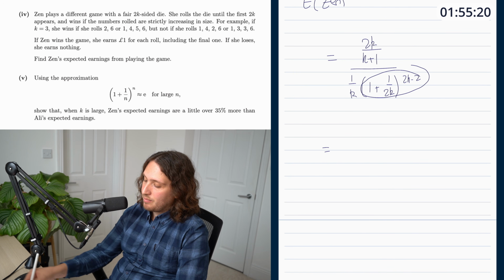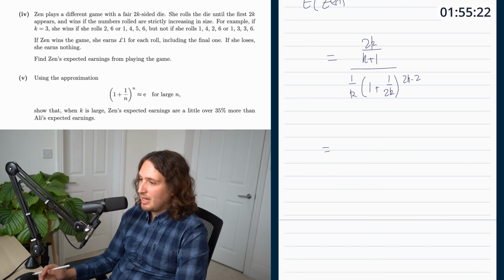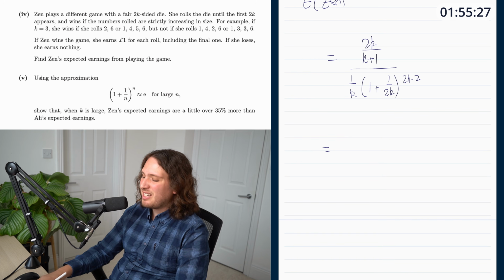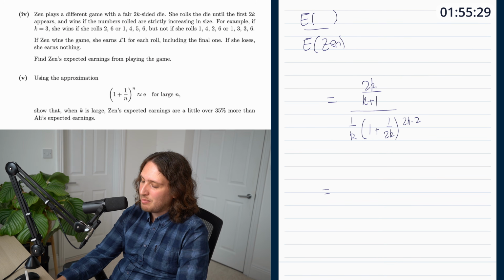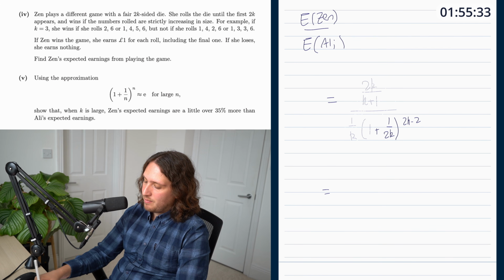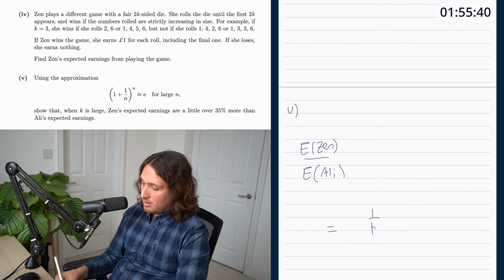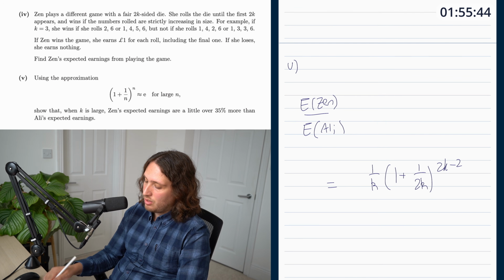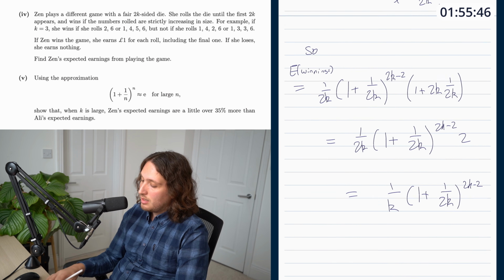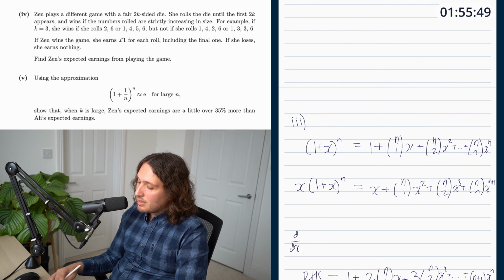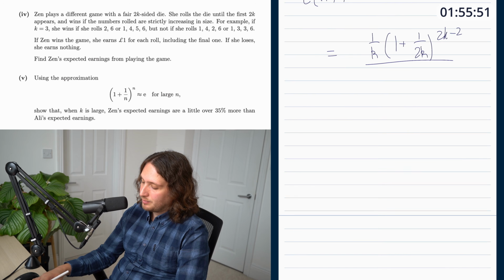I like that, because that looks a little bit like this E thing we were thinking about. Oh, but let's do Zen over Ally, sorry, because Zen is meant to be bigger. So let me just swap that around. So I get 1 over k, 1 plus 1 over 2k to the 2k minus 2 over, what did Ally get? 2k over k plus 1.